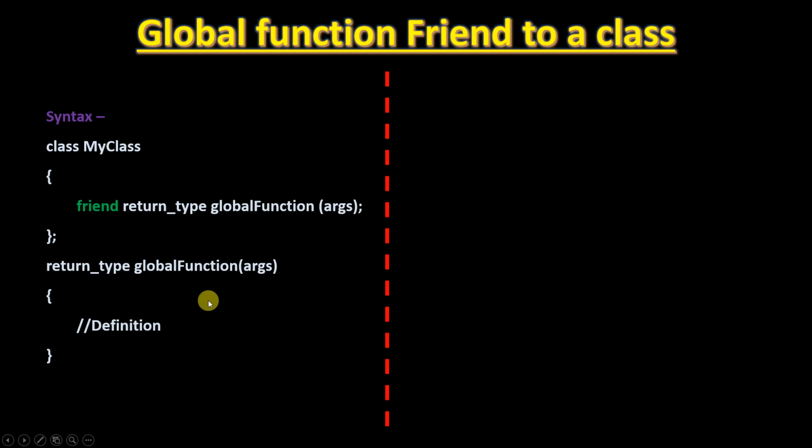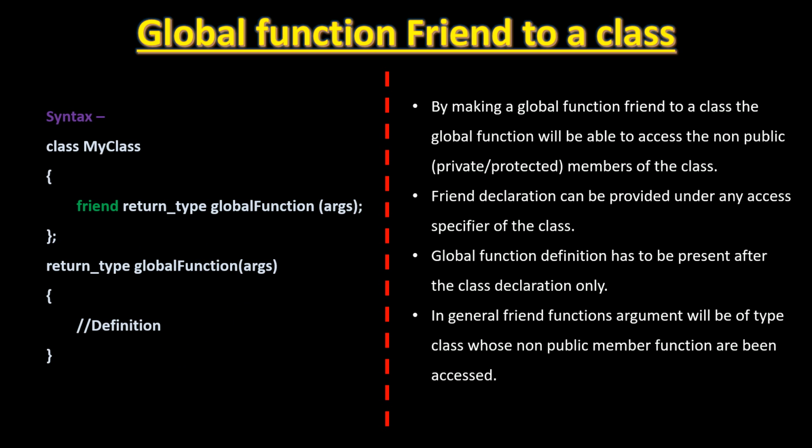So we have the points here. By making a global function a friend to a class, the global function will be able to access the non-public, that is private or protected, members of the class. This friend declaration can be provided under any access specifier of the class. You don't have a restriction to give it only in the private, protected or public section.